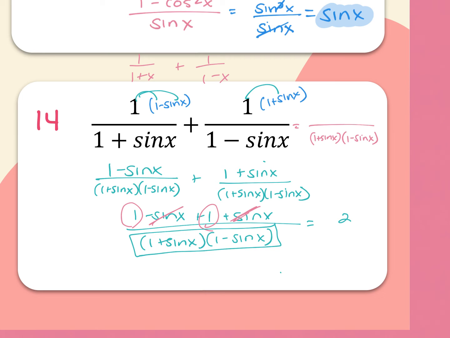So the shortcut is square the first one, square the second one, put a minus between. If you don't catch it, then FOIL it out. It'd be 1 minus sine of x plus sine of x minus sine squared x. These would go away. And I'd get 1 minus sine squared x.